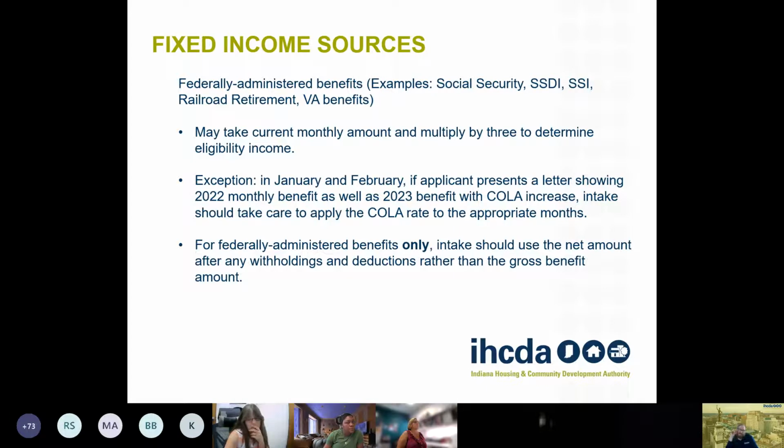And the other thing to take note of with fixed income is that the federally administered benefits are really the only income source where we're going to be using the net amount after withholdings and deductions, rather than using the gross amount before the withholdings or deductions are taken out.